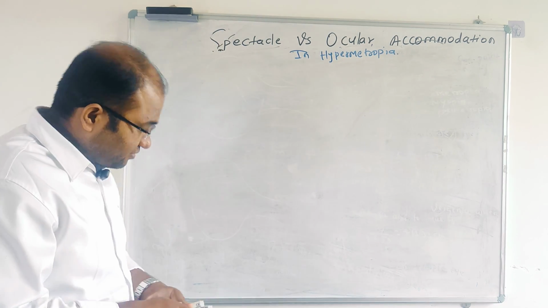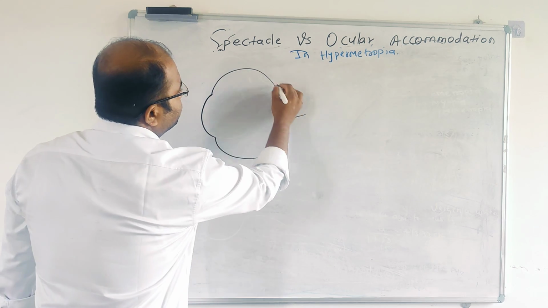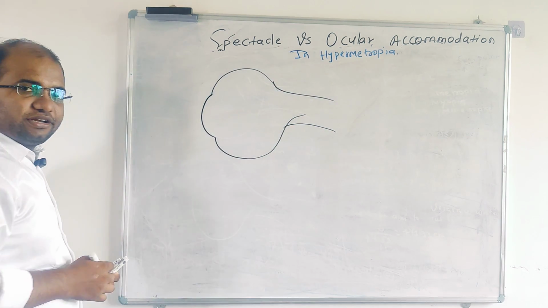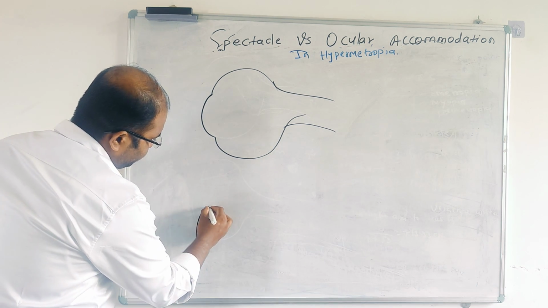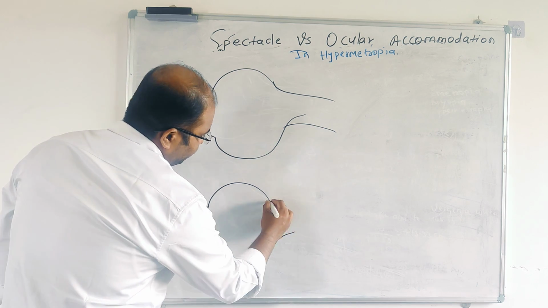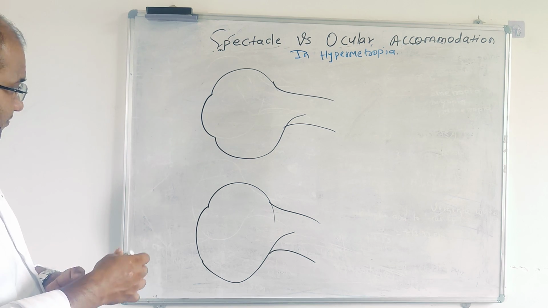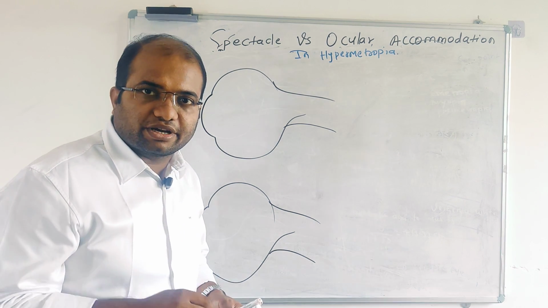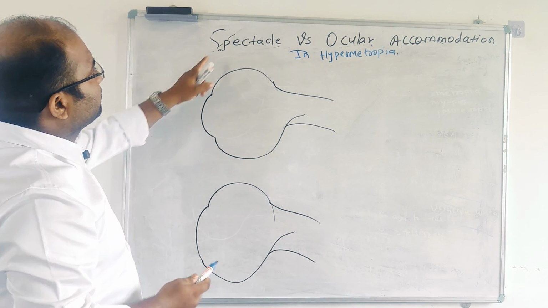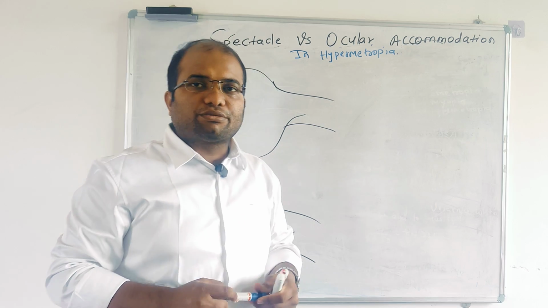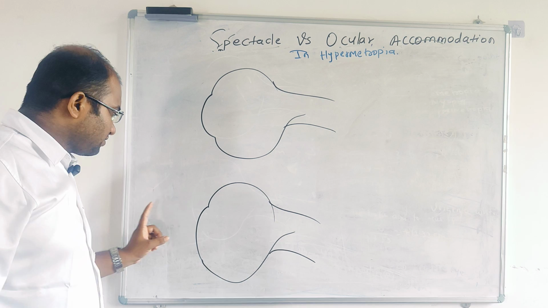So for that, let me draw the eye. So what is this? Hypermetropic eye, right? And here one more I will draw. This is also a hypermetropic eye. Now, the way of understanding this is, once we talk about accommodation, we have to take two scenarios: one, the eye is focused at distance, and the other, the eye is focused for near.